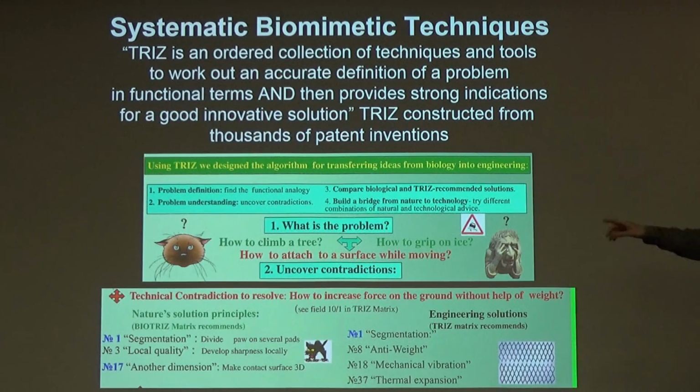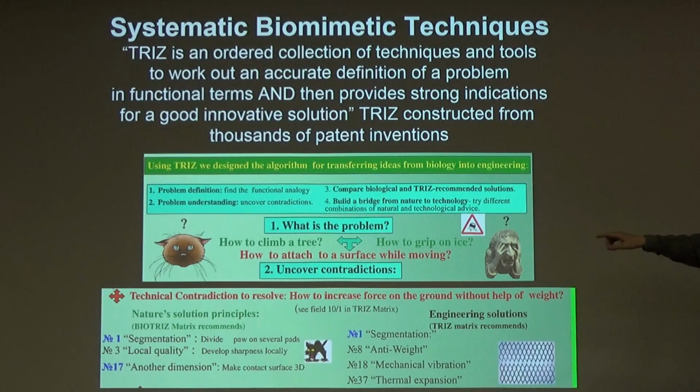So in this example, how to climb a tree, there are a set of principles, solutions from nature that we can look at. So there's one called segmentation, there's one called local quality, or add another dimension, and then it has an explanation of what those functions mean. So these are solutions that we can use to climb a tree.